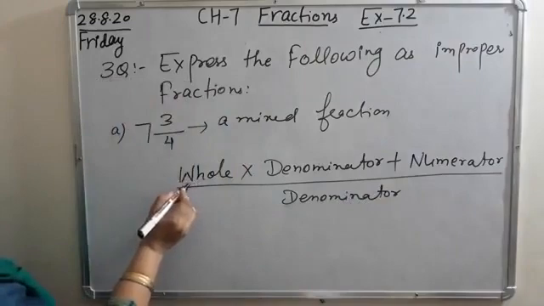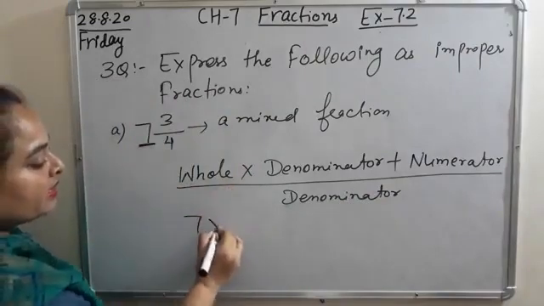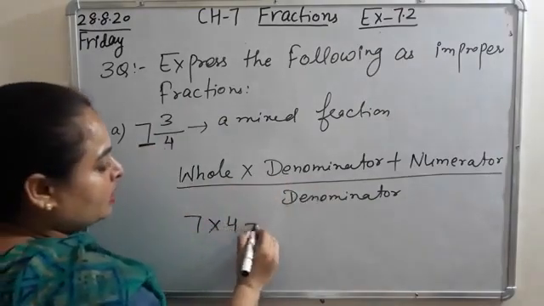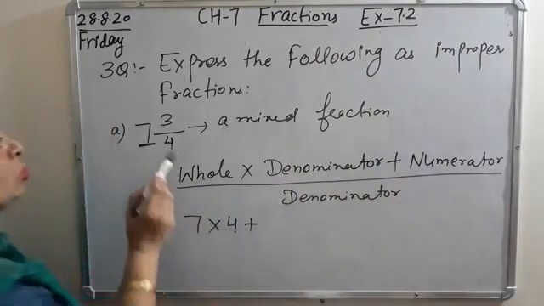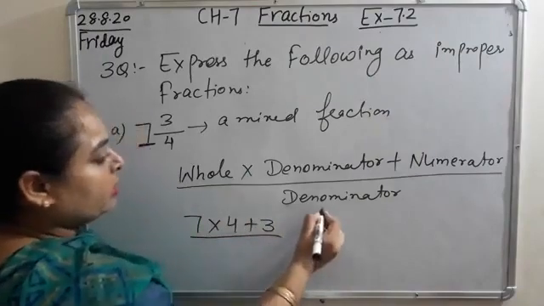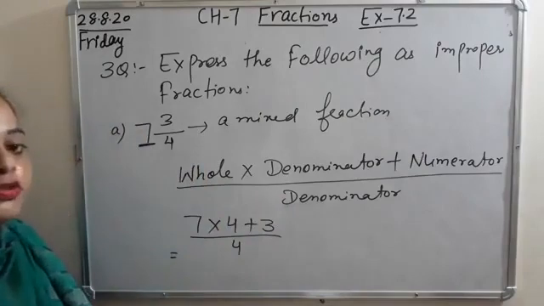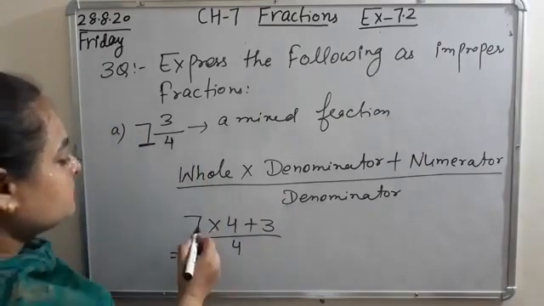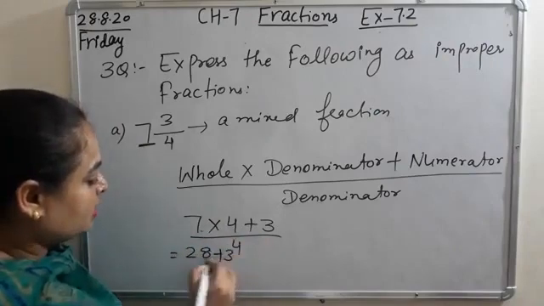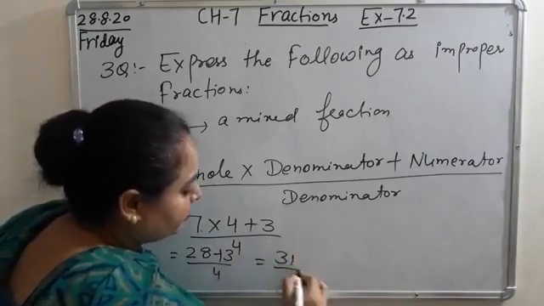Whole means whole part. This is your whole part, 7. So 7 multiplied by denominator. Denominator is 4 plus numerator. Numerator is 3 divided by denominator, that is 4. According to BODMAS, first of all we will multiply 7 by 4, 28, plus 3 upon 4 will give you 31 by 4.